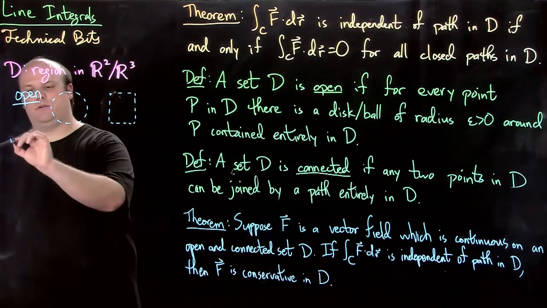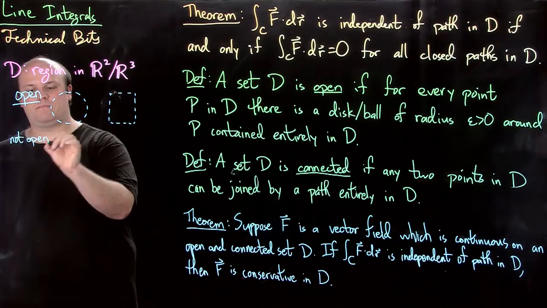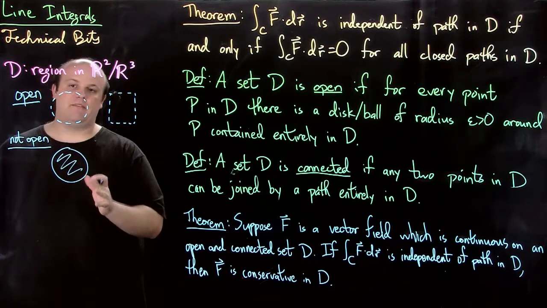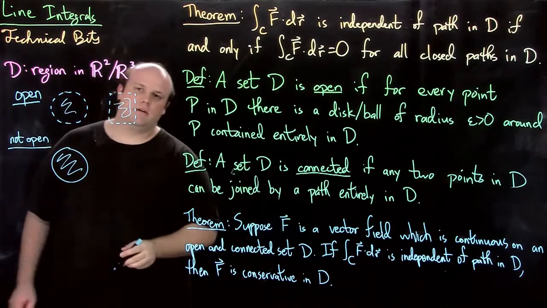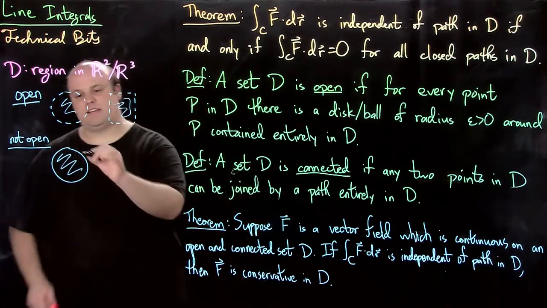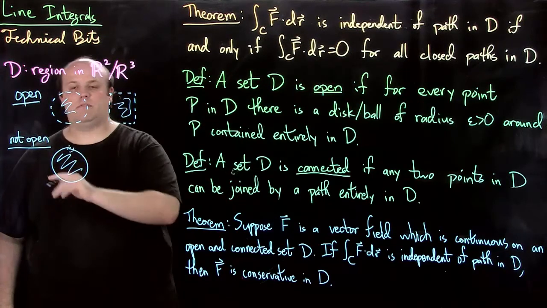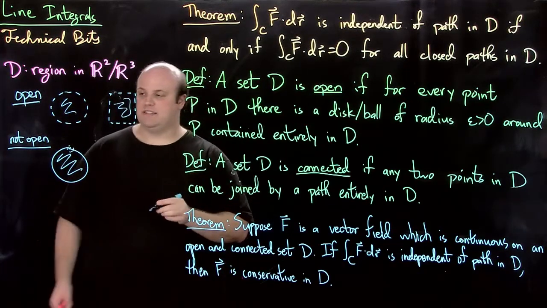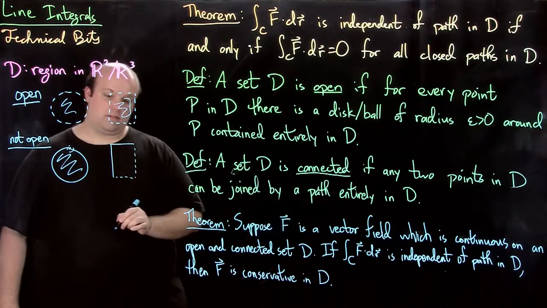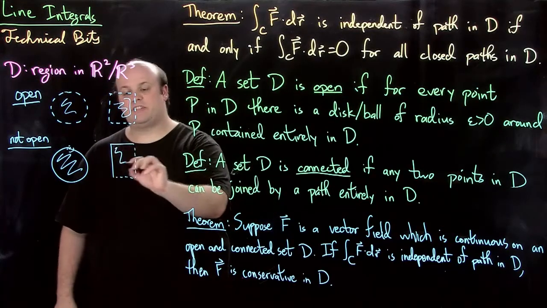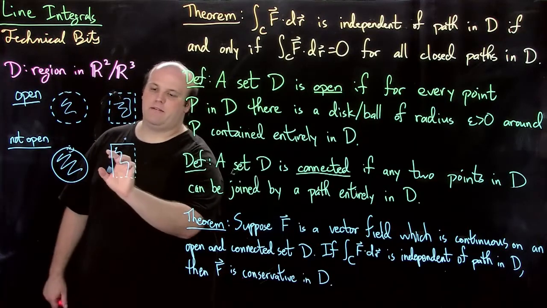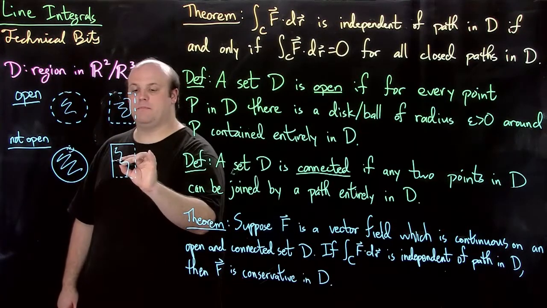Now what's something that's not open? Well, the closed disk, where everything is filled in too. A disk with its boundary is not open, because if you take a point on the boundary, any circle you draw around it leaves the disk. Likewise, I can take a square, or it looks more like a rectangle here, where I've included two of its edges. Then I'm fine over here, but on these edges I have that same problem.